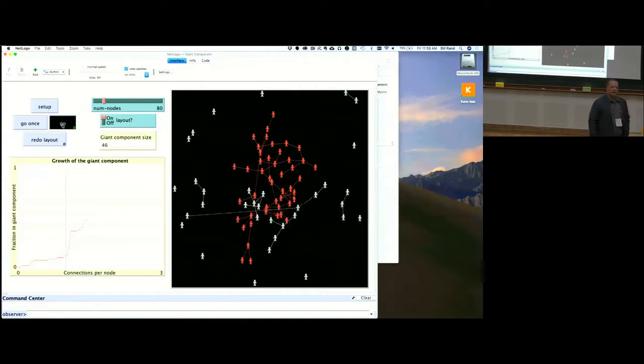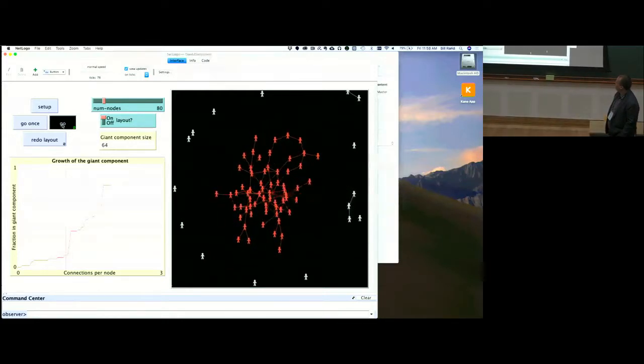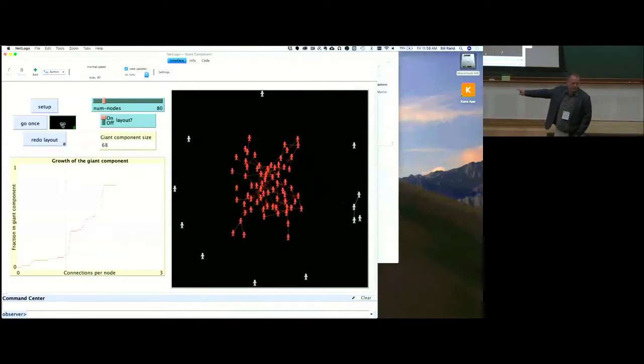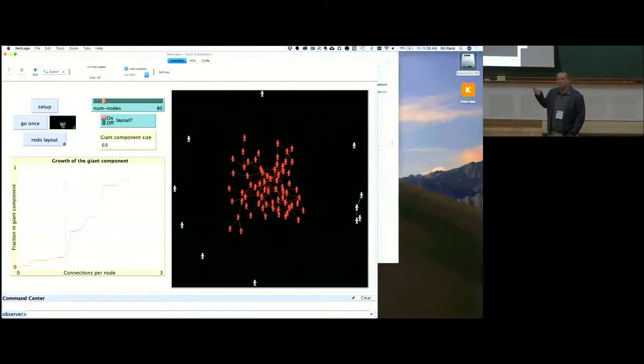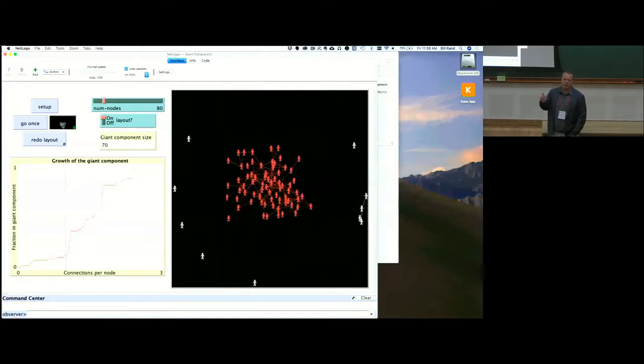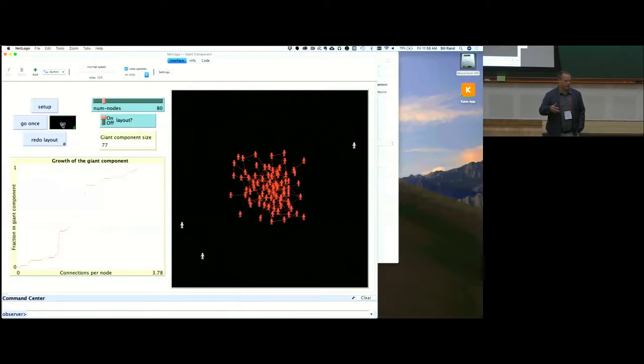The reason we have that is at the line where that blue line is, the number of connections per node, the number of links per node, goes over 1. Which means that before that point, there were more nodes than there were links in the network.